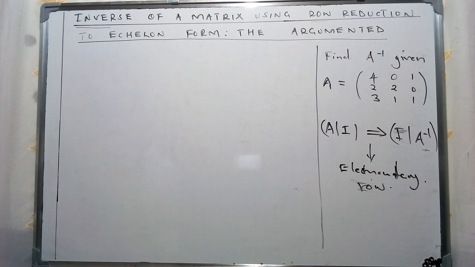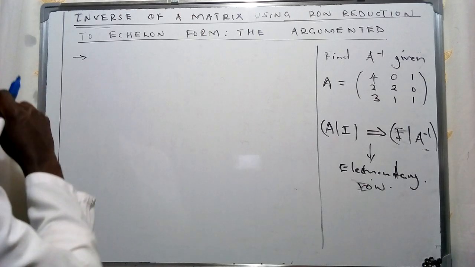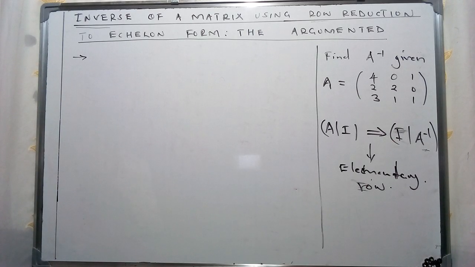So we are going to have this particular statement, whereby every matrix that we consider in this case is row equivalent to one and only one reduced echelon matrix.